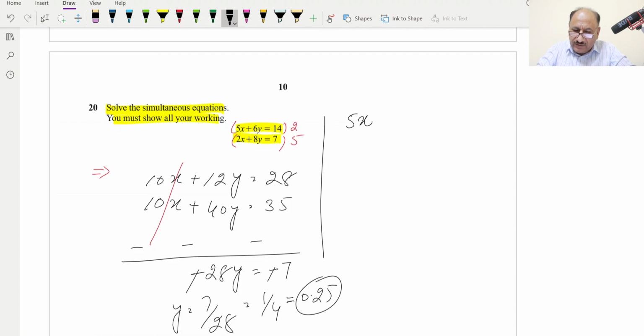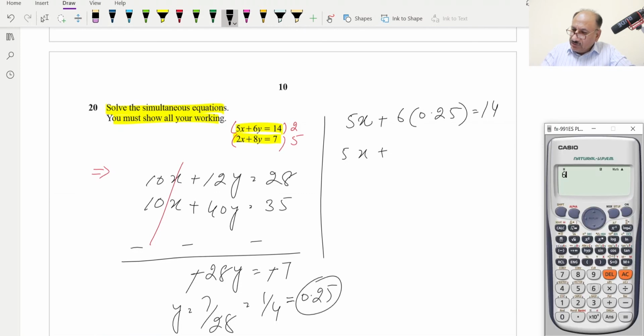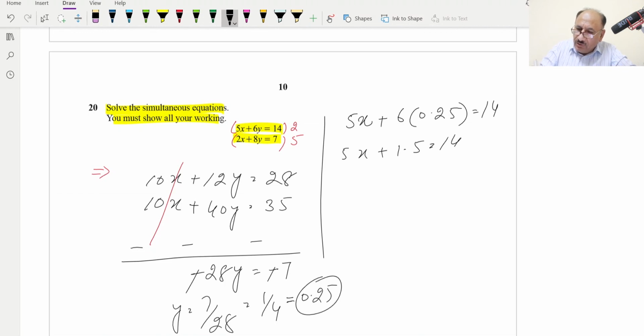So 5x plus 6 into 0.25 will be equal to 14, and 6 multiplied by 0.25 is equal to 1.5. So 5x plus 1.5 is equal to 14.